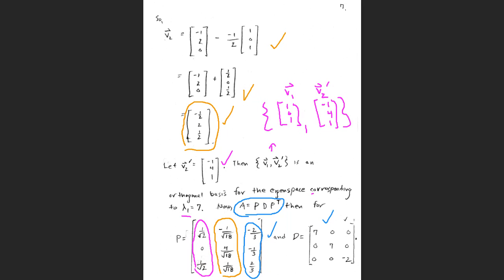This is really quite a beautiful process. Look at all the factorizations that we've had for matrices. A matrix A can be written as an LU factorization. A matrix A can be written as a QR factorization, A equals Q times R. Here now we have yet another factorization, P times D times P transpose.